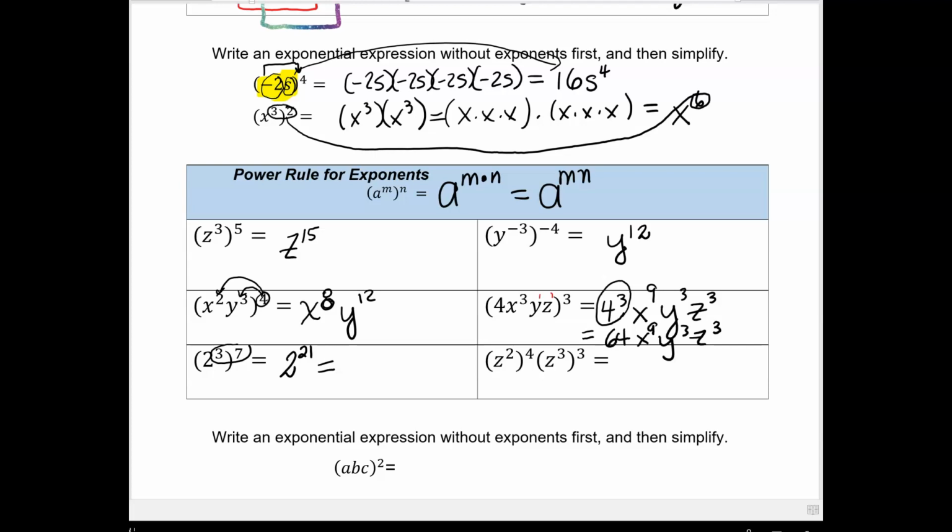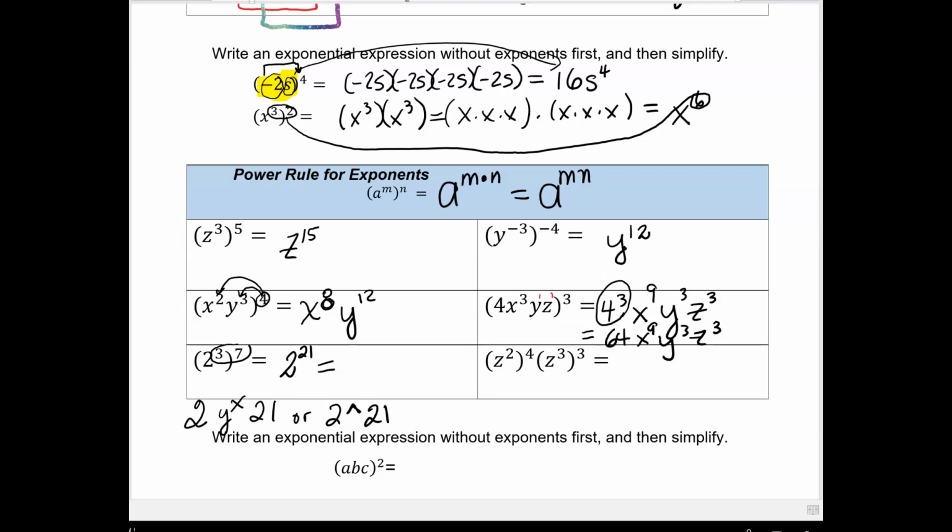So you need to find the shortcut key on your calculator, which is probably either y to the x, or that little caret symbol, like so, 21, to see what that equals.